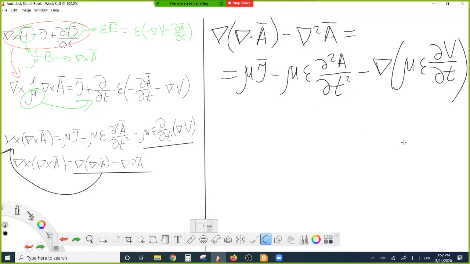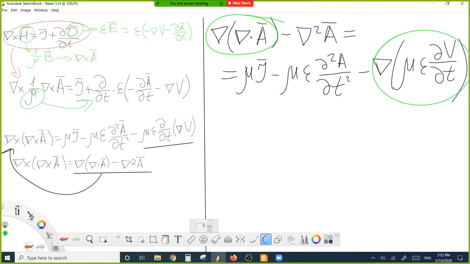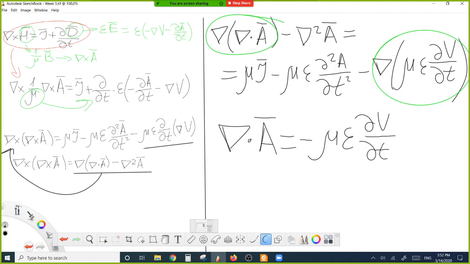First, we need to take the divergence, and what we get is divergence of A is equal to minus mu epsilon of dV over dt. So this is the first.